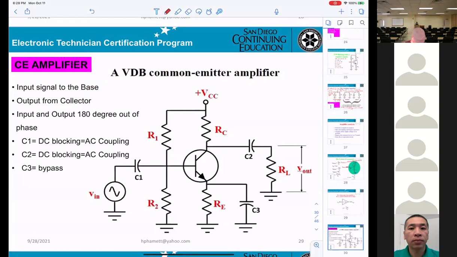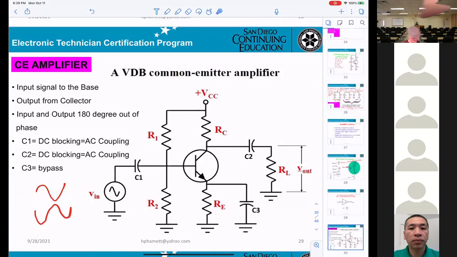That tells you if you get the input as a sine wave, the output is also a sine wave, but they will be 180 degrees out of phase. Opposite. That is what you need to know.